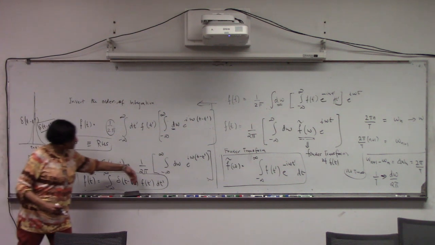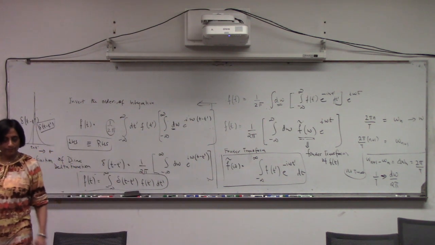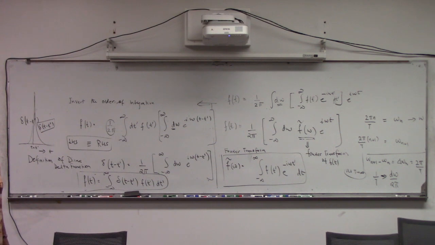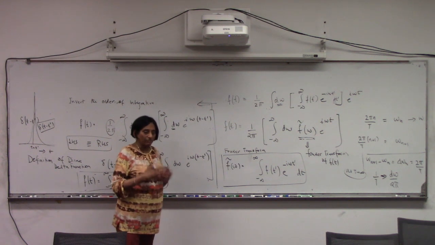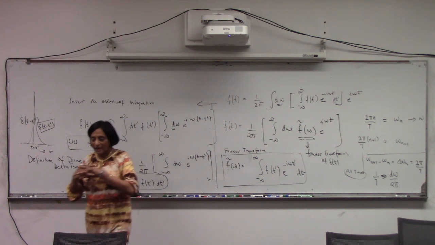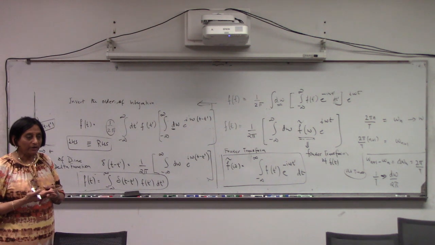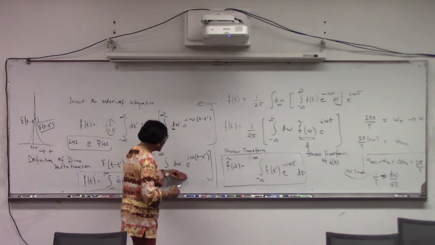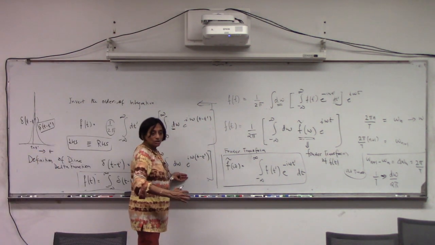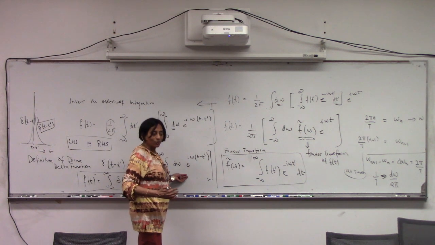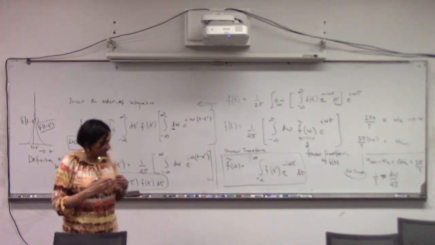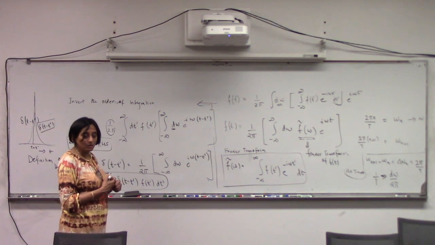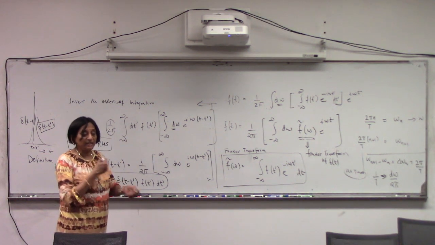But what have we expressed that as? We have written it in terms of sine and cosine. This sharply peaked Dirac delta function we have written in terms of harmonic waves of all frequencies from omega equal to minus infinity to plus infinity. These sine and cosine waves have the same amplitude, and they are in phase at t equal to t prime.